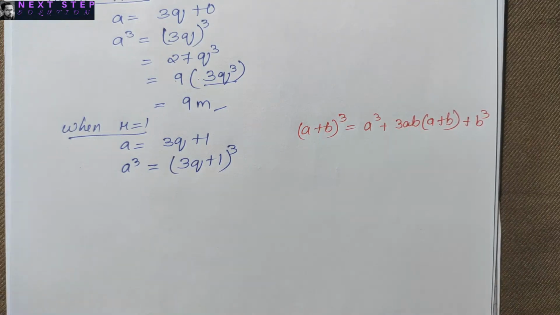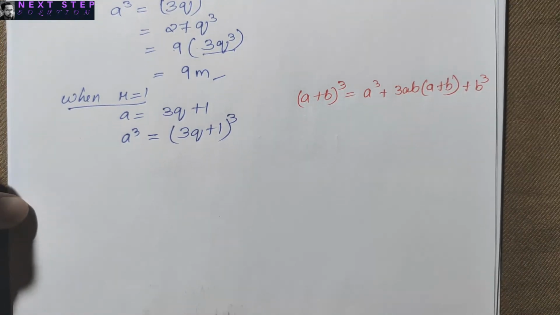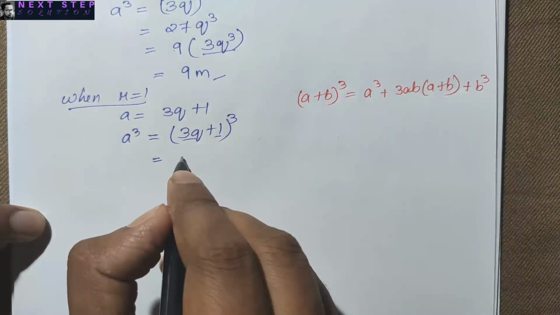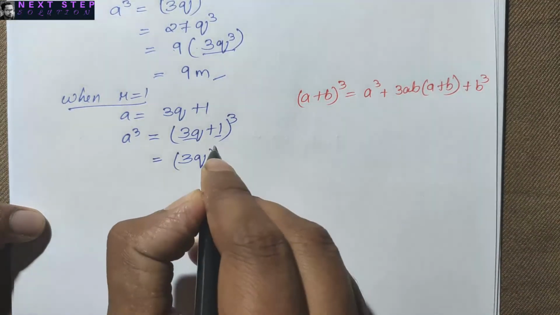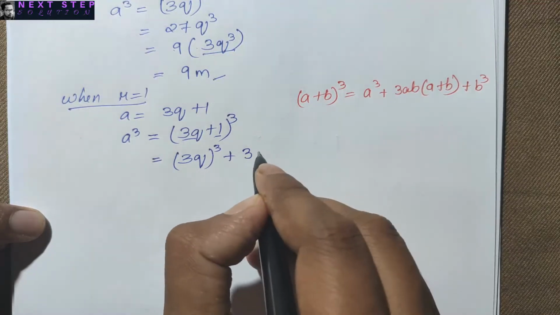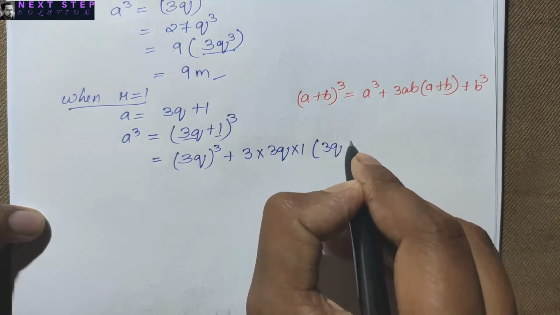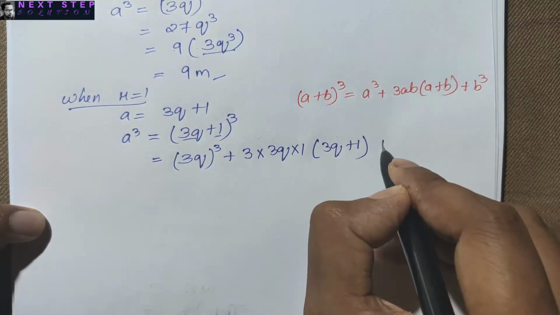This is the identity we are going to use here. Now this is our a and this is our b. If we apply the formula, we have to write a cube plus 3 times 3q into 1 bracket 3q plus 1 close the bracket and then 1 cube.